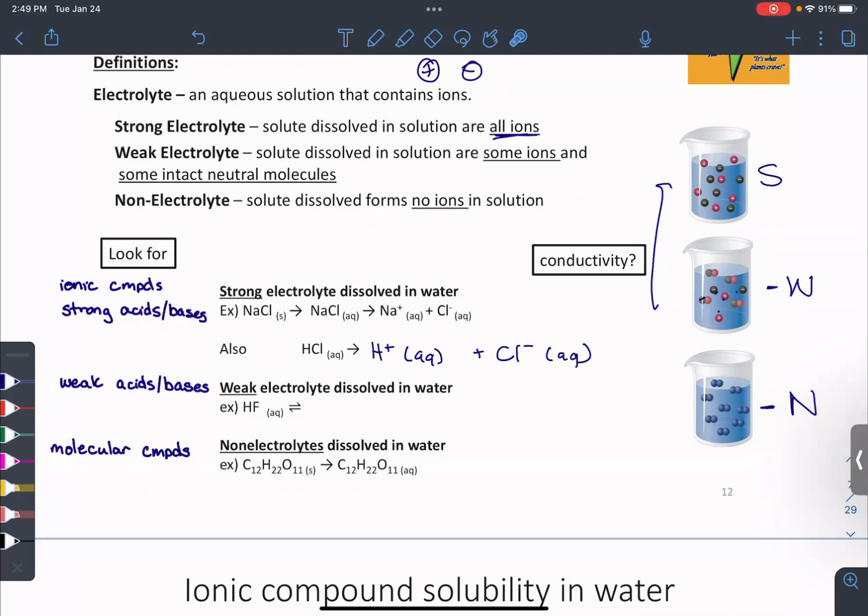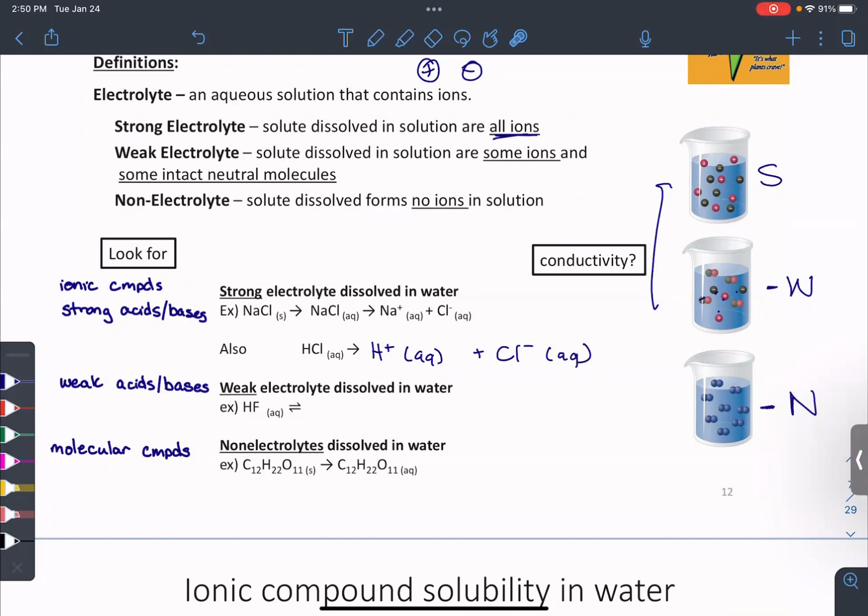What kind of naming rules would you use to name water? Would you use ionic? Would you use molecular? What's its composition? Ionic compounds are typically metals and nonmetals. Are there any metals here? No. So what kind of compound is this? It's molecular. So based upon our criteria, is it a strong electrolyte or a non-electrolyte? It's technically a non-electrolyte. Yeah, that's for pure water.